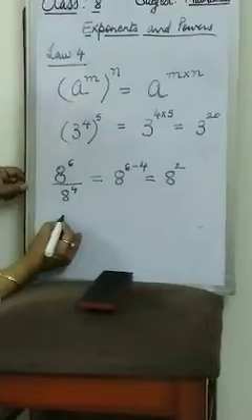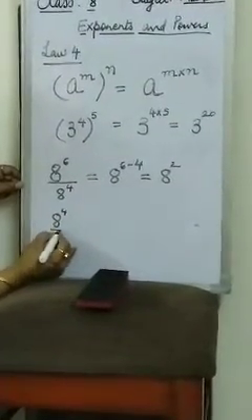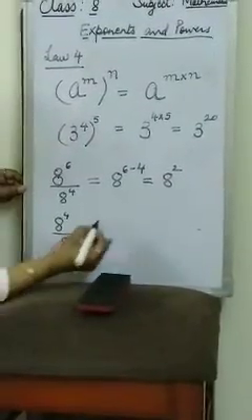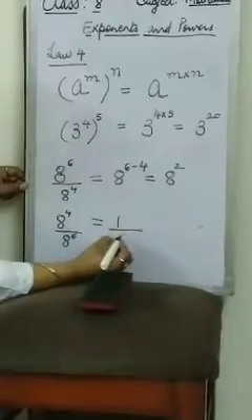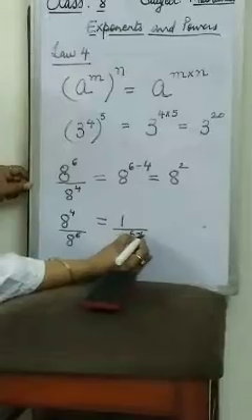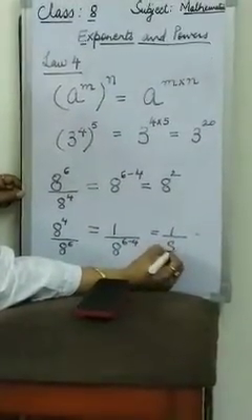And if we take 6 in the denominator and 4 in the numerator, that is 8 to the power 4 divided by 8 to the power 6, then it will become 1 by 8 to the power 6 minus 4, that is 1 by 8 to the power 2.